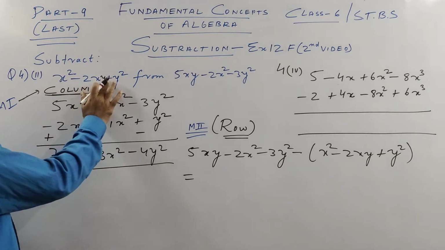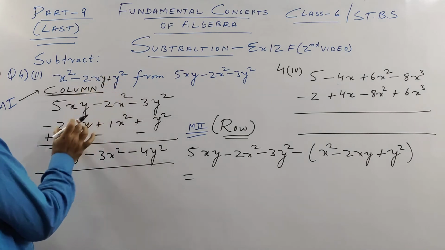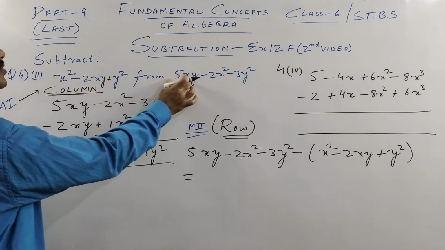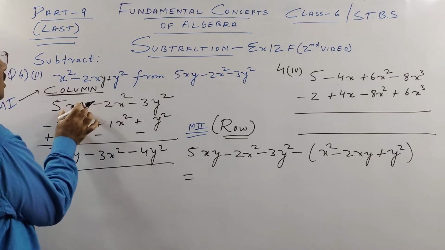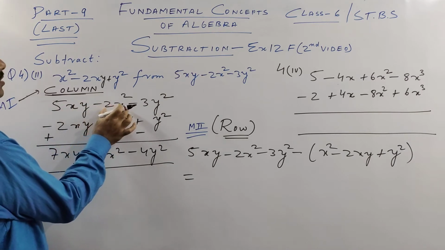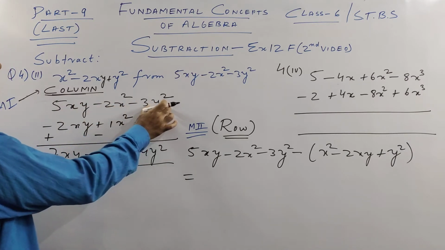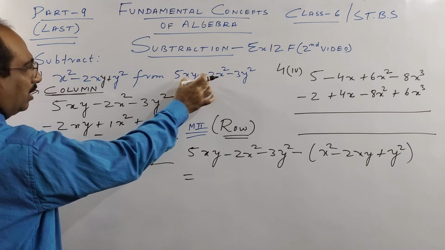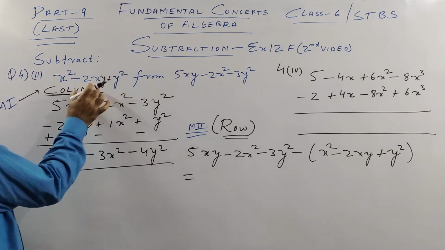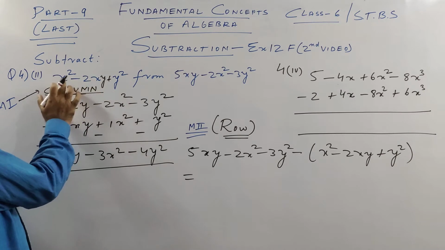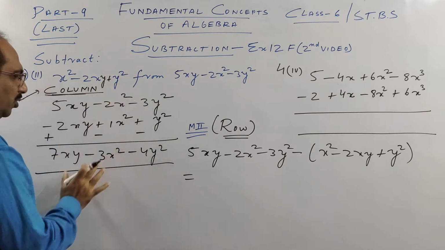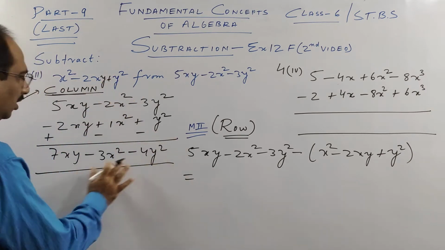See here what we have done. I have changed the order a little because in the first one where we are subtracting, the first term is xy, then x square, then y square. Otherwise we could have changed this also. You change this, then you subtract this, because generally the order is decreasing power. That would have been also better. I'll try to show it over here. So I got this answer.